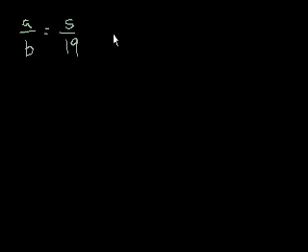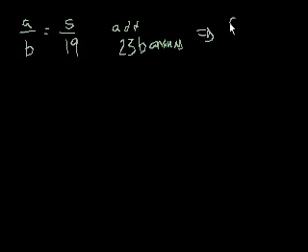And when we add 23 bananas, the ratio of apples to bananas, and actually let's just write it right now, we now have 23 bananas more, is equal to 10 to 61.